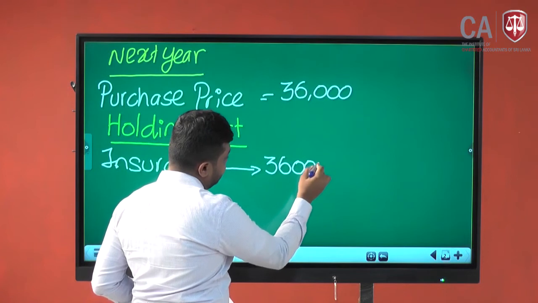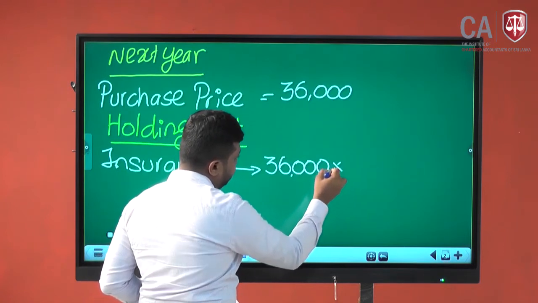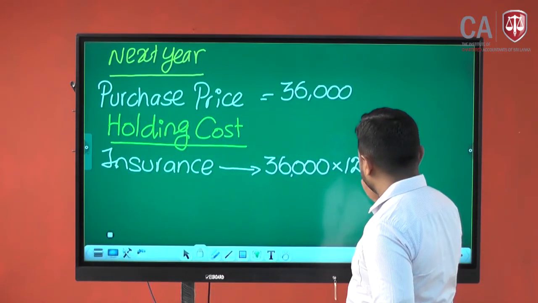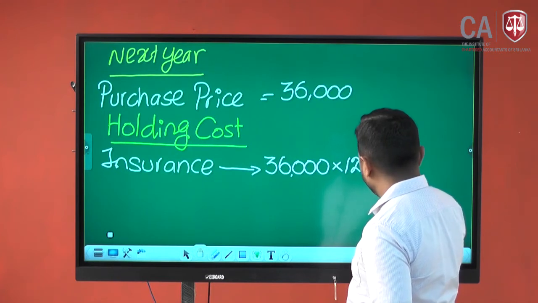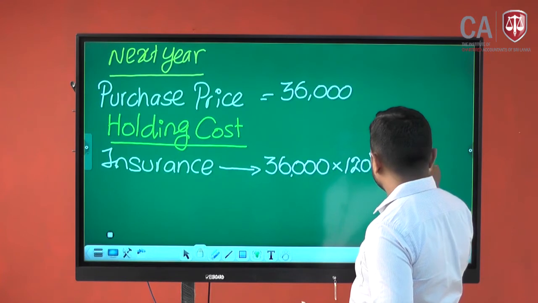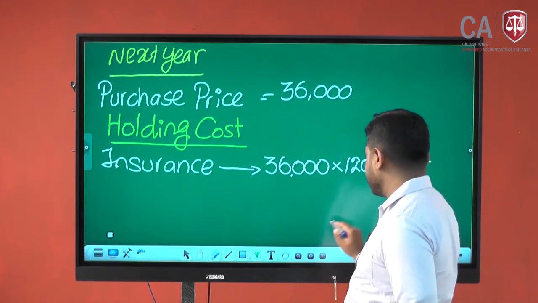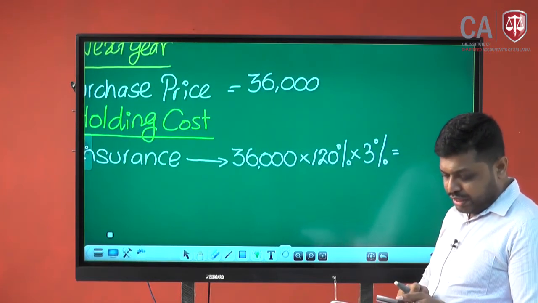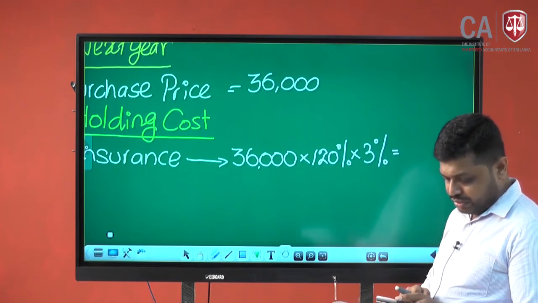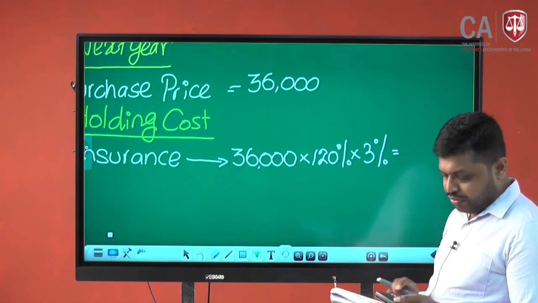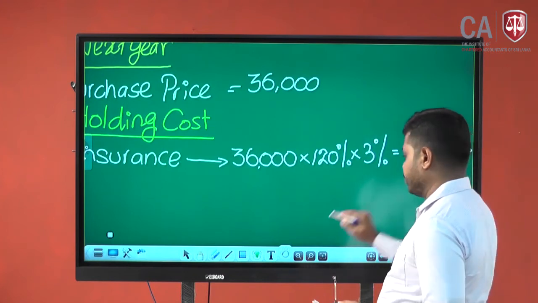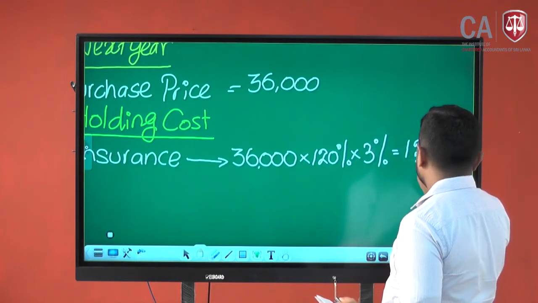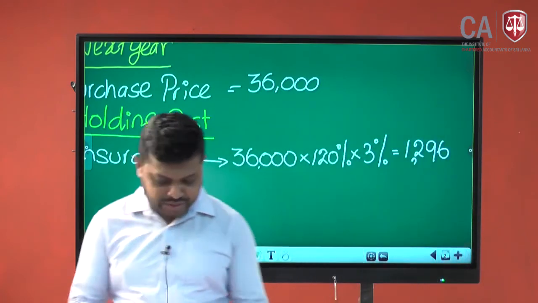When determining the insurance premium, you will consider 120% of the purchase value, and out of that you have to pay 3%. What is the value? 36,000 into 120% into 3%, the value is 1,296. 1,296 is the insurance.